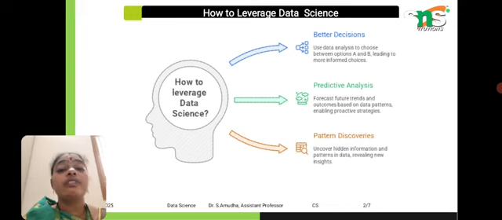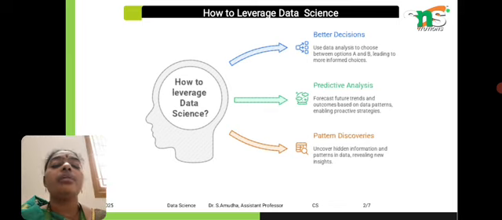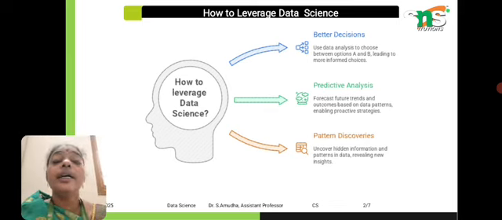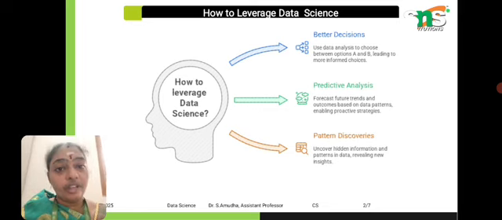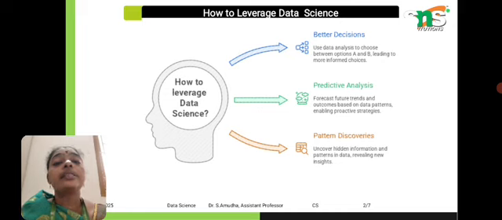We follow different kinds of strategies for data collection, for example, real-time data and synthetic data. Synthetic data means online data sets are available, and a predefined data set is used for data gathering.